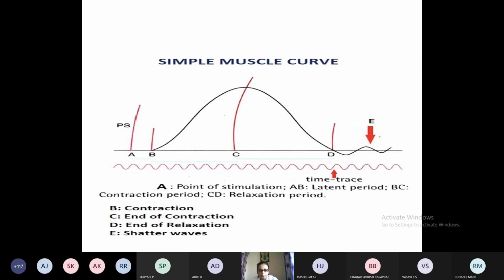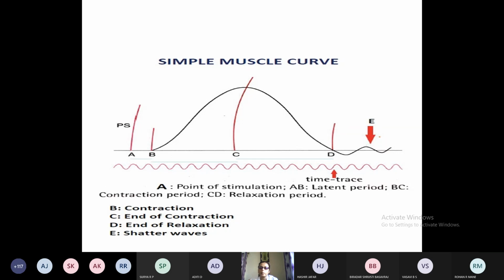Now come to the point: what is the physiological curve? How much is its normal duration? This physiological curve is obtained after the simple muscle curve. It is due to the inertia of the lever. Why is it happening? Because the drum is a rotating drum. It has its own speed, and with the help of this speed the lever is writing with its inertia.